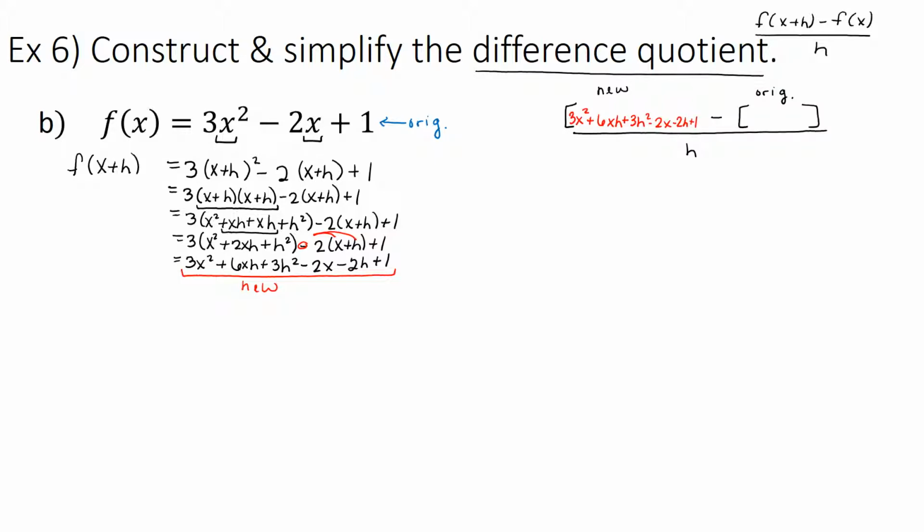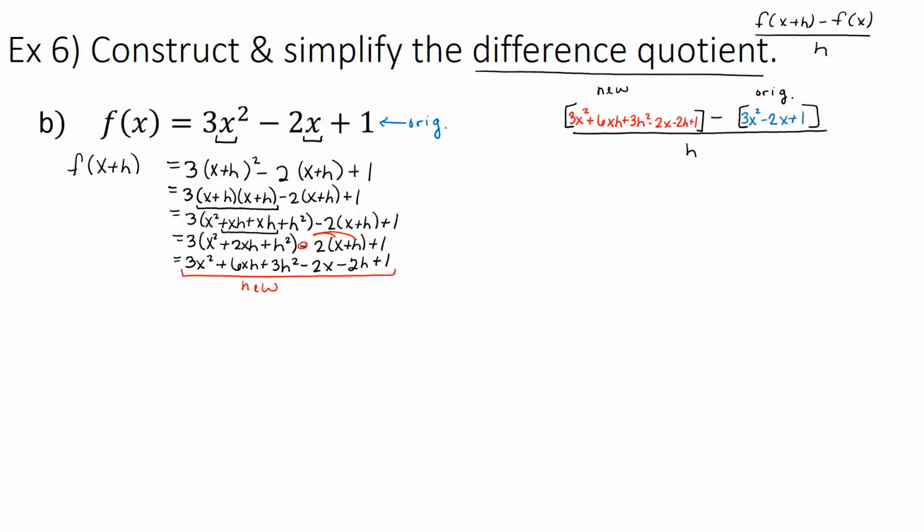Give yourself plenty of space. There's your new function, minus the original function, and the original function was 3x squared minus 2x plus 1. Okay, so there's the setup.